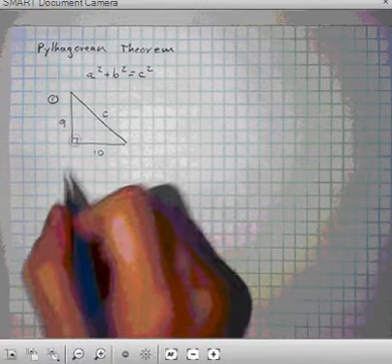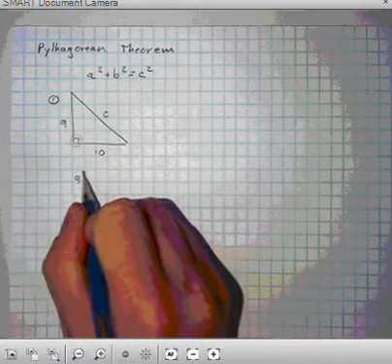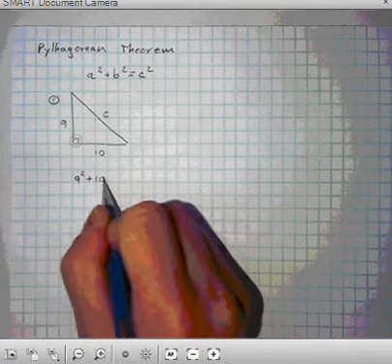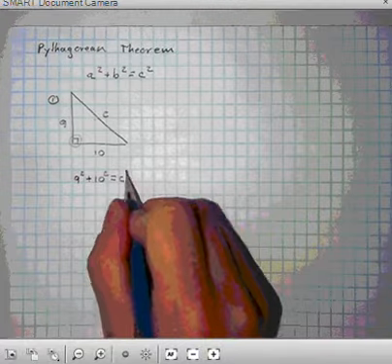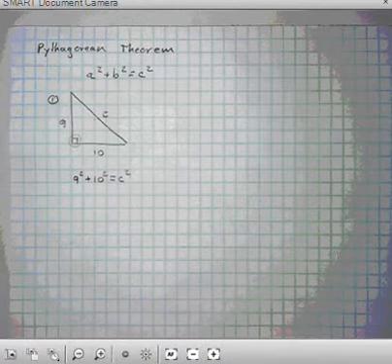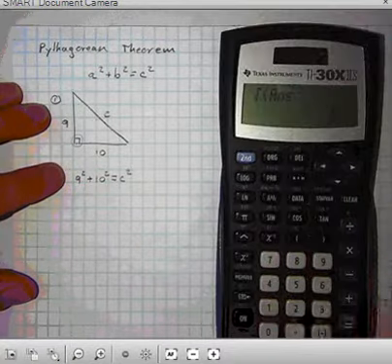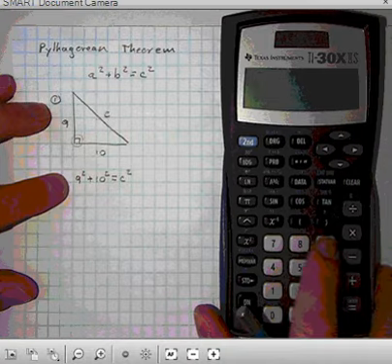In order to do that, we're going to take our A squared, which is our 9 squared, add it to our B squared, which is 10 squared, and that'll equal our C squared, which is our unknown. Most people just enter it straight into the calculator.